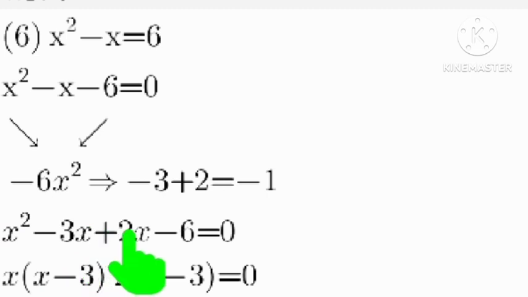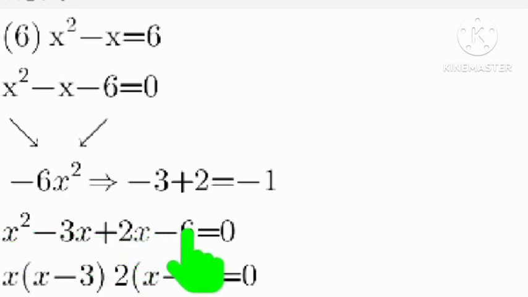So we have x squared minus 3x plus 2x minus 6, because we brought this one down also, equals 0. Now if you simplify negative 3x plus 2x, that will give you negative x, which means it will give you exactly the same equation back. So what we did here was just to replace negative x with the factors of negative 6x squared.